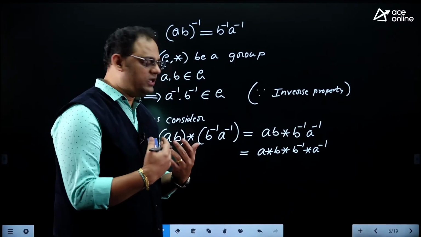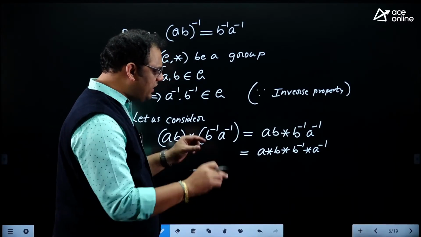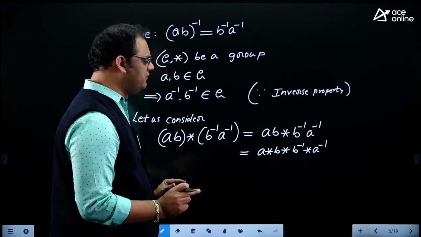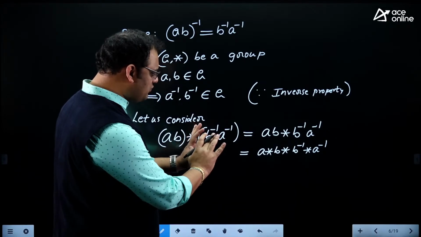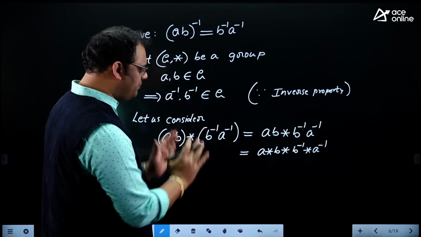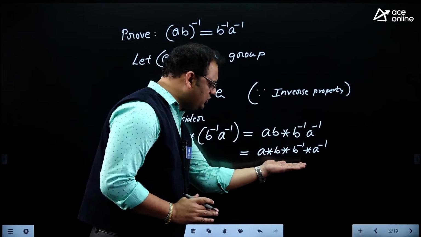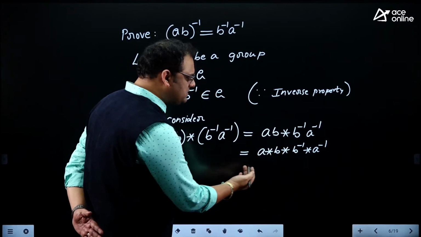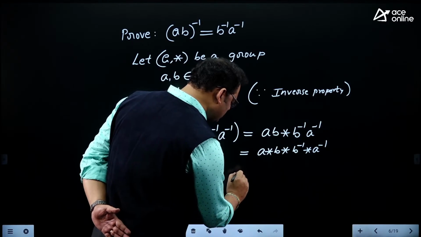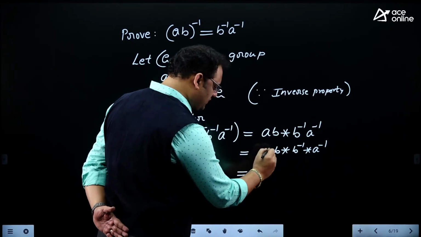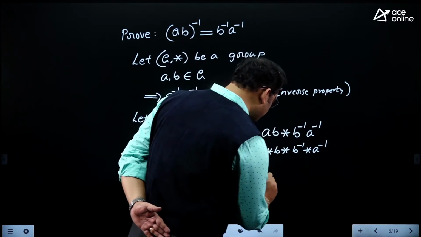Now I want to apply the associative property. I can remove parentheses anywhere and I can give parentheses anywhere. So I removed the parentheses and I want to operate the middle two elements first, because some simplification is possible. That's why I am doing it like this. So this step is possible just by associativity.